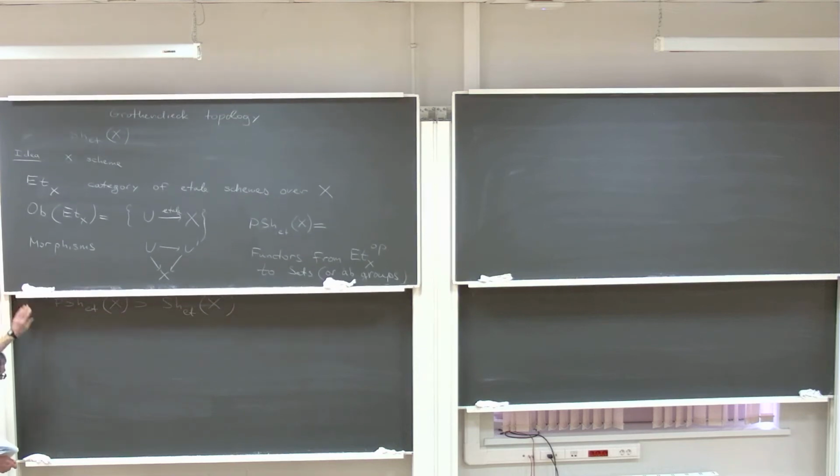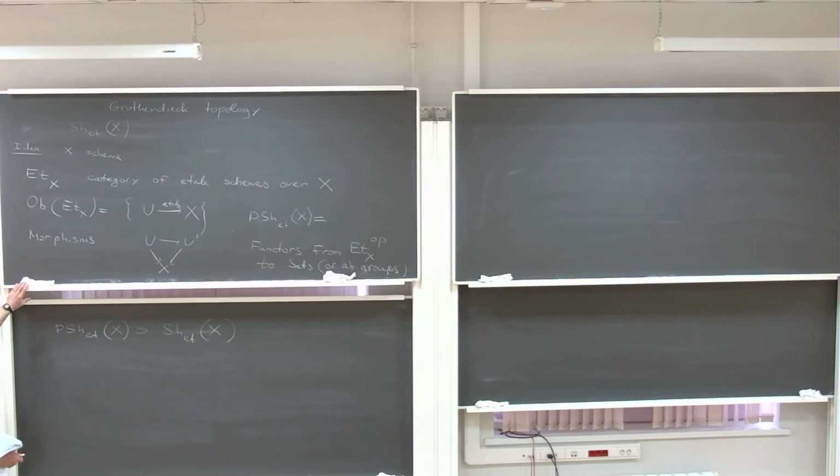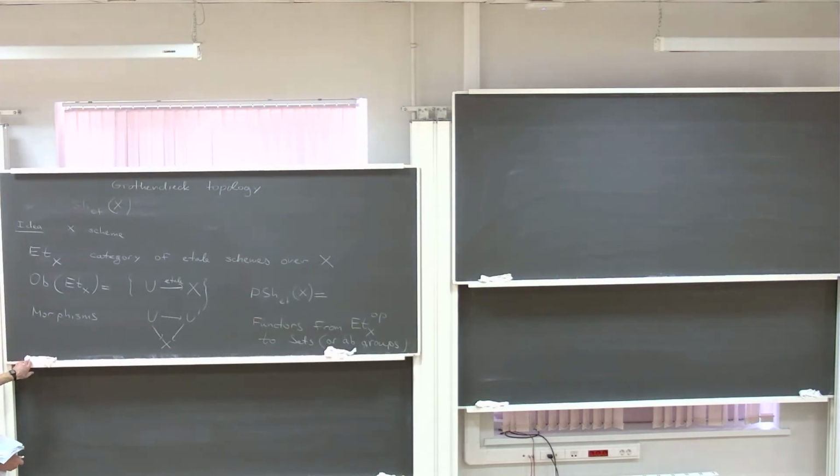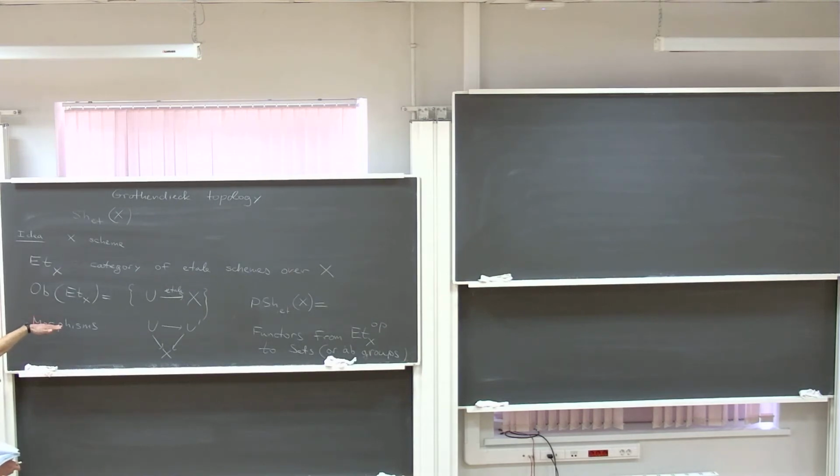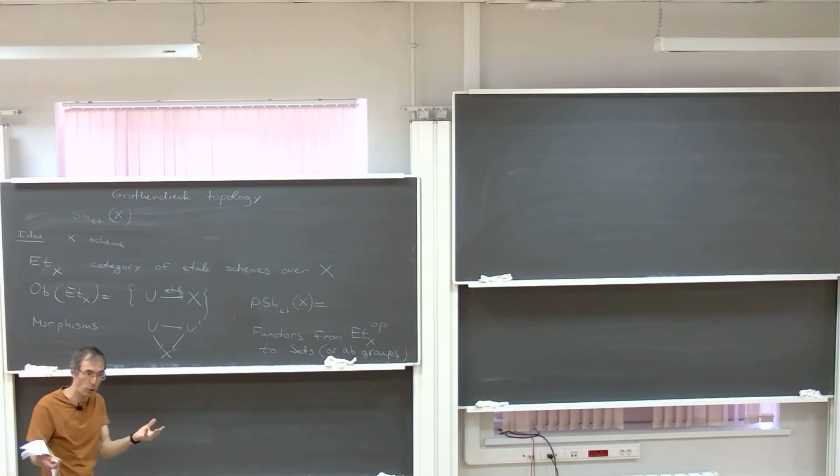What is really striking in this definition is the comparison with presheaves on a topological space. If you have a topological space, you can consider the set of open subsets, which is a partially ordered set.